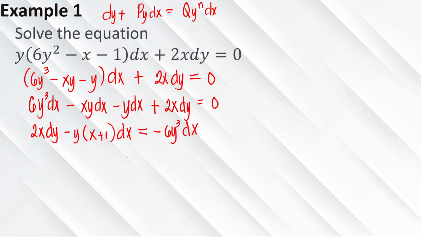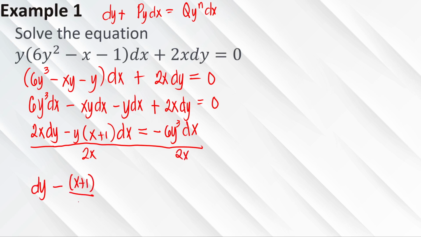So, hindi pa siya kamukha ng standard equation natin kasi dapat walang kasama si dy doon. Magde-divide tayo ng 2x sa lahat para magkaroon tayo ng dy minus, so i-separate ko lang yung mga functions ni x dito para mas makita natin kung ano yung P at ano yung Q. So we have negative 6.